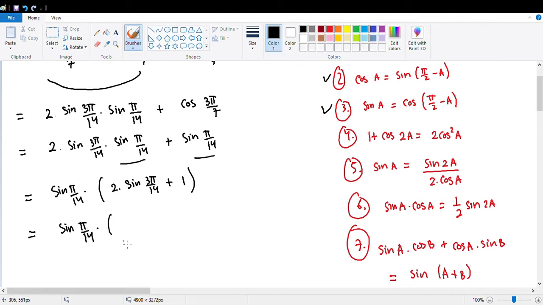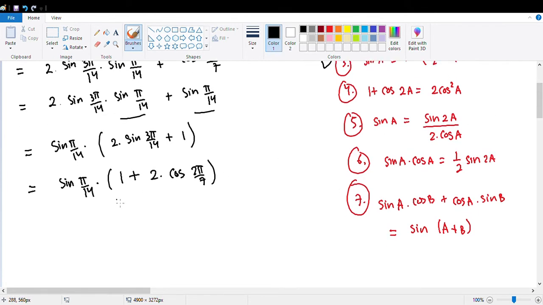Now to make it simple, I will flip this one to the left and 2 sine 3 pi over 14 to the right. So the expression becomes 1 plus, by the commutative law, and I will convert this using formula number 3, becomes 1 plus 2 times cosine of 2 pi over 7, right?